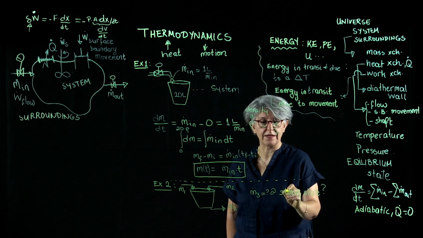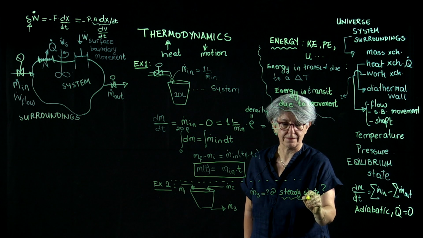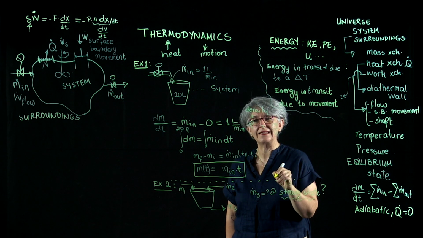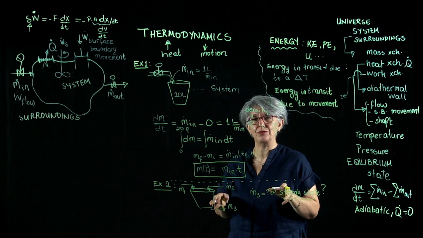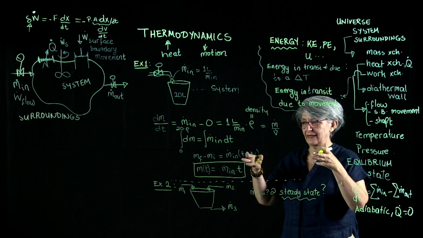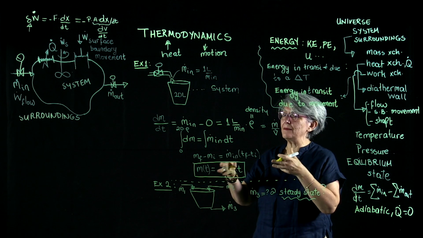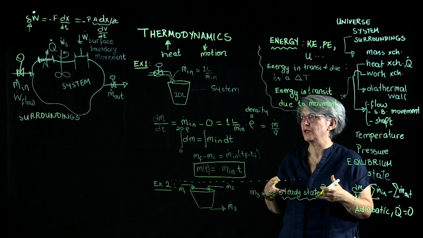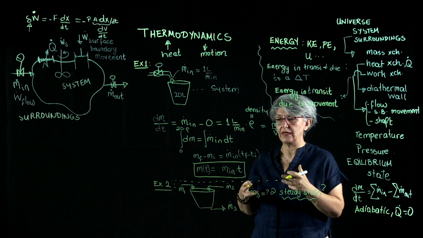So let's define steady state. Steady state is a process attribute: we have to have a process, with streams flowing in and out, energies flowing in and out.